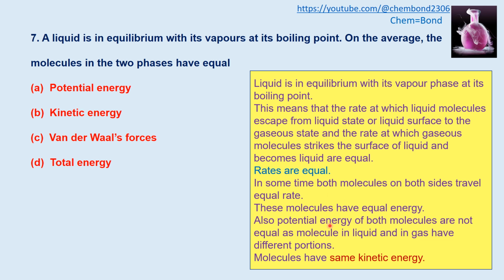So they have the same kinetic energy. The potential energy of both states is not equal because the molecules in liquid and gaseous form have different positions, but they have the same kinetic energy because the rates are equal. So the answer is same kinetic energy.